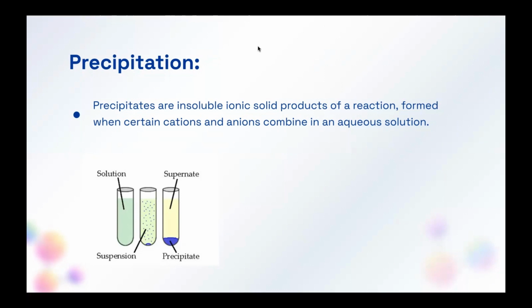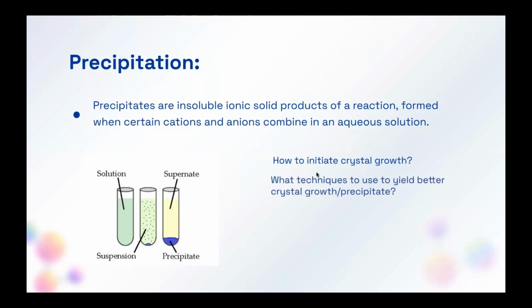There are factors to consider in precipitation, like how, why, and what: how to initiate crystal growth, what techniques to use to yield better crystal growth or precipitate, and what are the factors to consider in crystal growth. That is what I'm going to be discussing in my next consecutive slides.